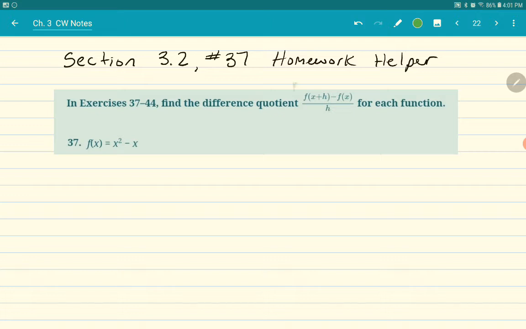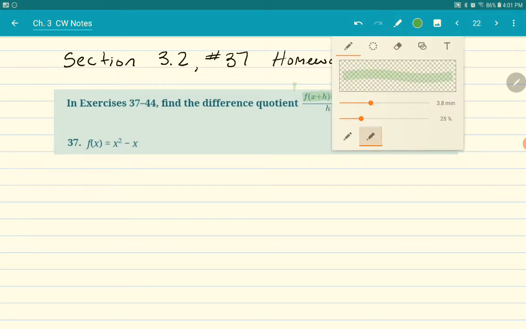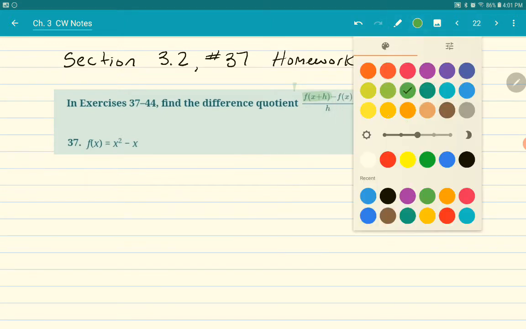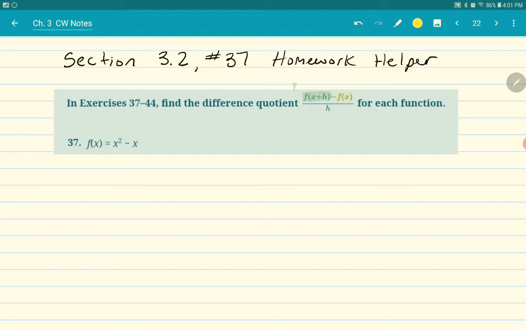My difference quotient is right here, and I like to split it into parts before putting it all together. So I'd like to do this part by itself, and then this part by itself, and then put those two together above the h. Okay, so let's start with the green part.